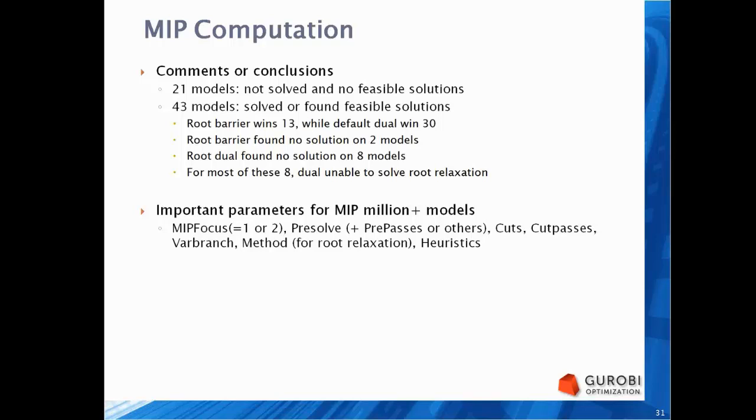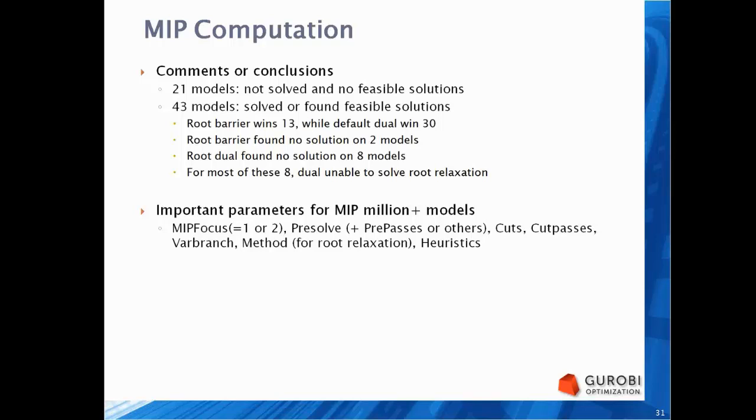And if you look at using root barrier to solve the root relaxation, it wins 13, while default dual solves the root relaxation and wins 30, much more. That's, unlike other solvers, because our dual simplex performs quite well. If you look at the benchmark for large models, the benchmark for LP is only about larger models, since smaller models are solved too quickly. And we are good on dual simplex.